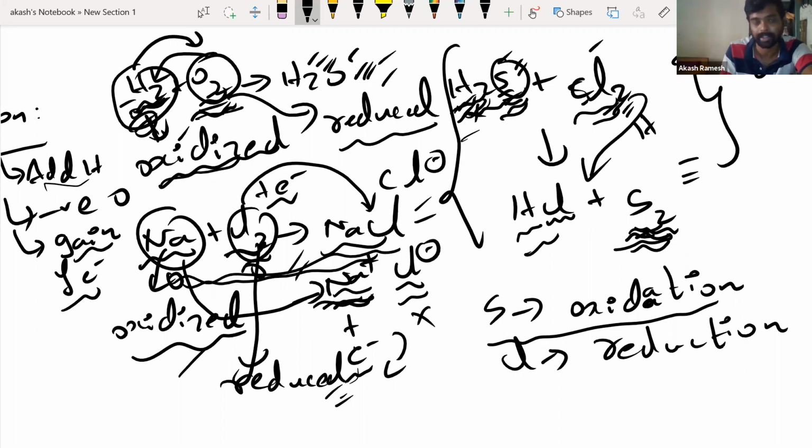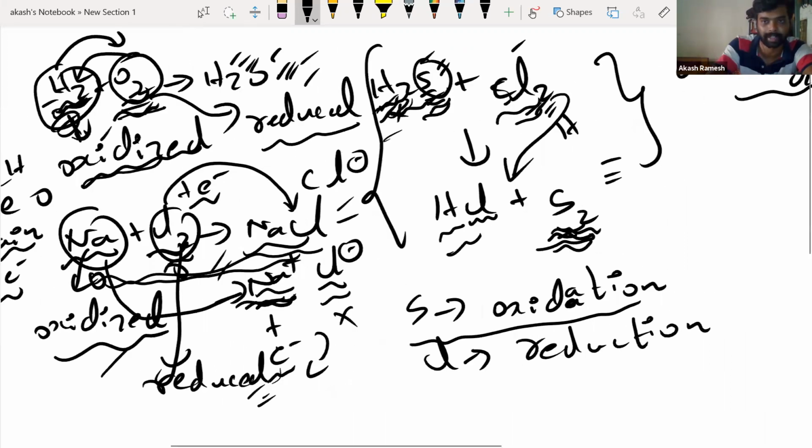Hope you understand the point, right? There is no one reaction where only oxidation happens. Impossible. There is no one reaction where only reduction happens. If oxidation happens or if reduction happens, the other thing is bound to happen. There is no other way. If something is getting oxidized, something has to get reduced. You can take any reaction for that matter, right?